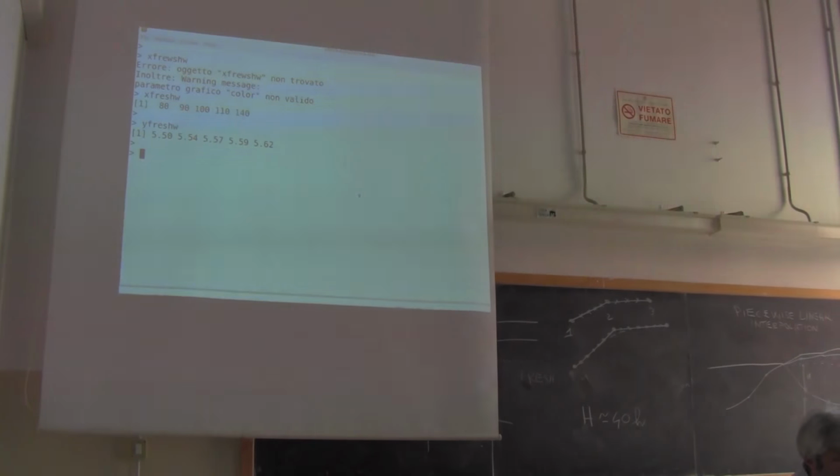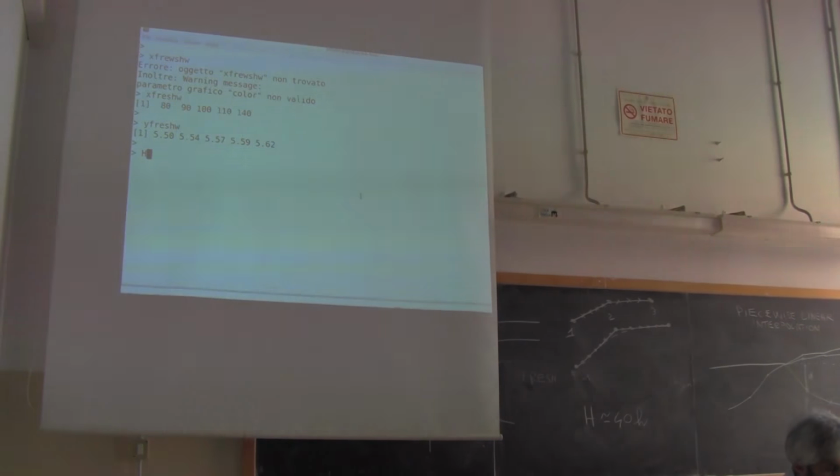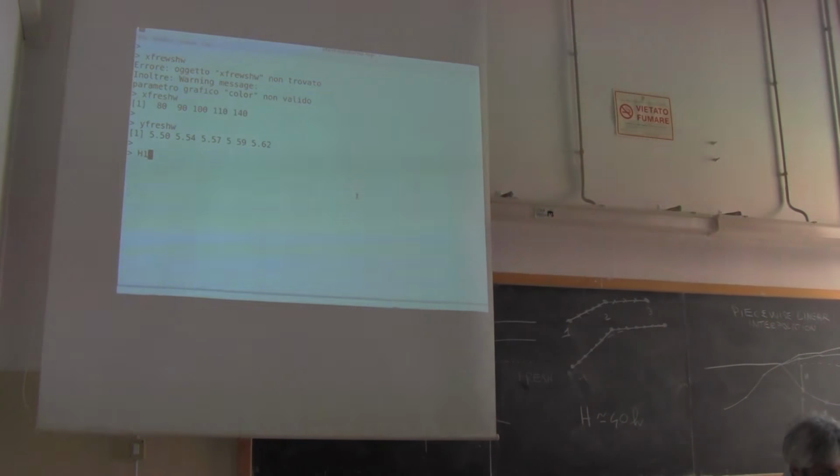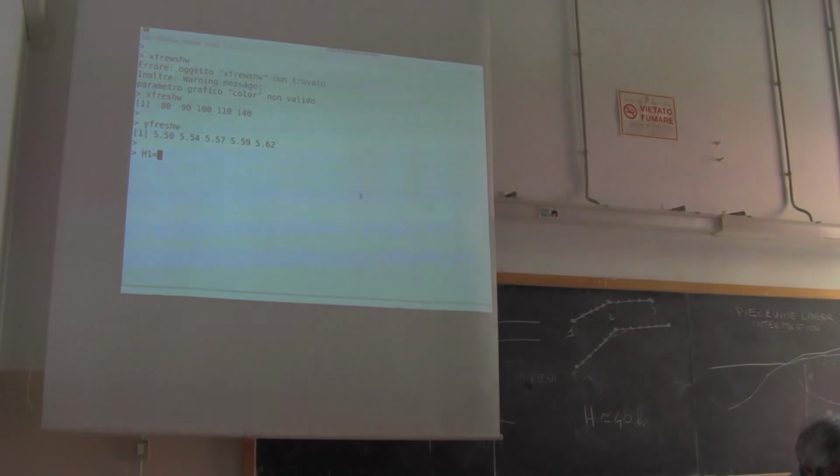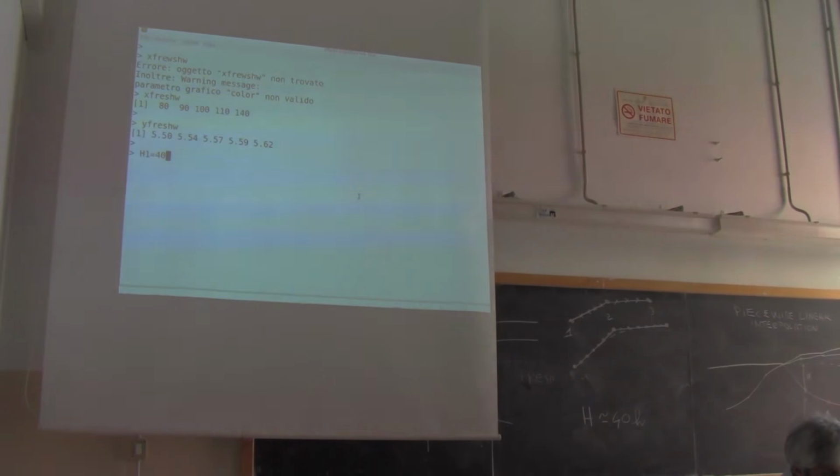Good. So it's very simple to compute another capital H. Let's write capital H1 is equal to 40 times y fresh W minus 5.5.